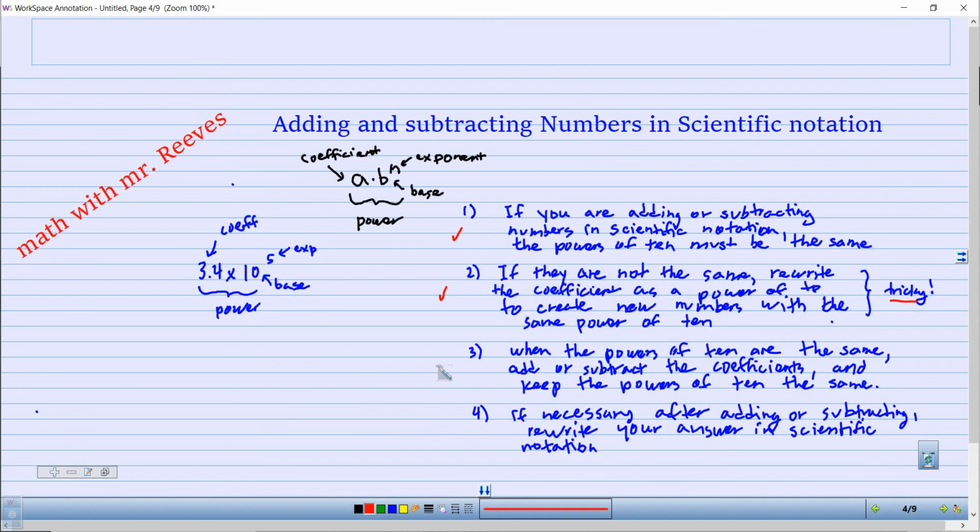Once the powers of 10 are the same, add or subtract the coefficients. Hopefully you won't have to use a calculator very often. All right. And if necessary, after adding or subtracting, rewrite your answer in scientific notation. We did not have to do that because when we were done, all of our answers already were in scientific notation. All right. This is something that practice definitely helps with, okay?